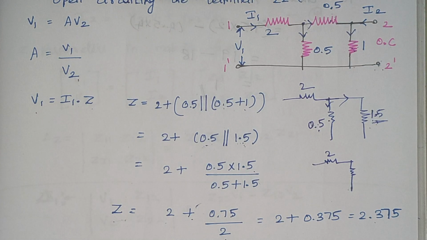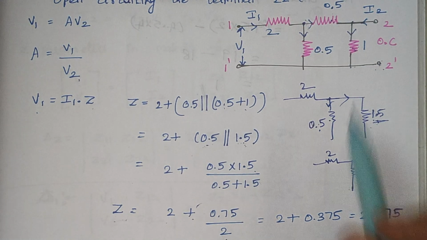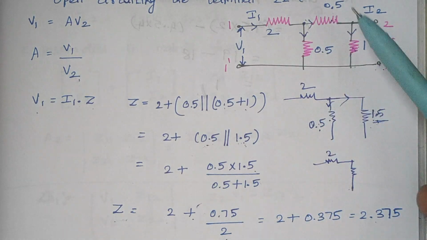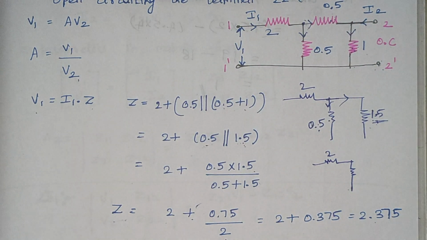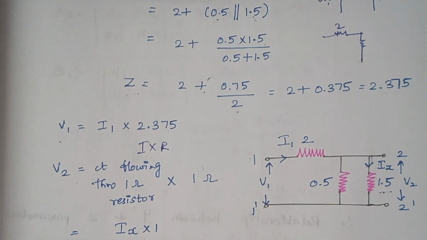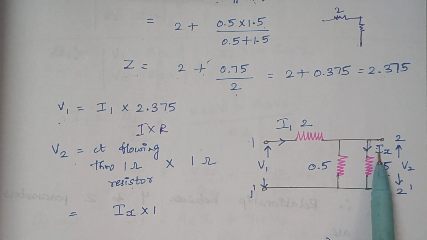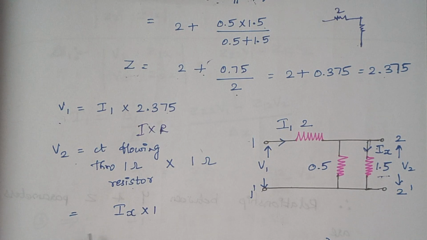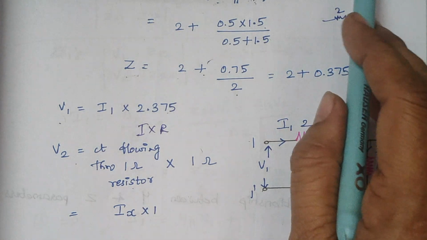Just in order to simplify the calculation, I am combining these two resistors together. Therefore, when these two resistors are together, the net value is 1.5. Again Ix is the current that flows through this 1.5. So V2 is given by Ix into 1, because the value of the resistor here is 1 ohm.